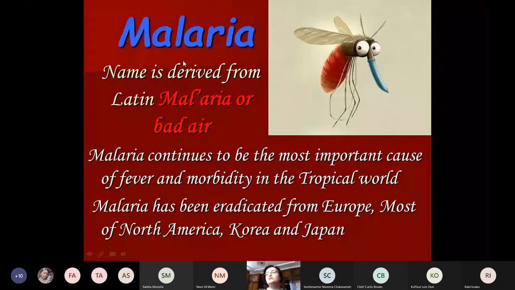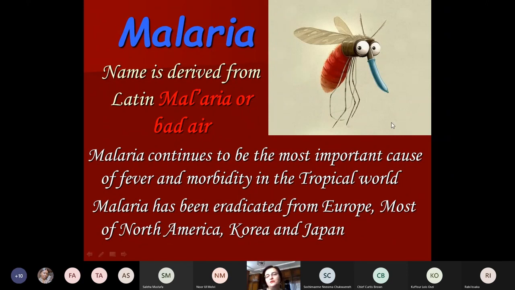And now we will start to discuss malaria more closely and very carefully, because malaria still is one of the most spreading diseases in tropical areas and the most devastating, most frequent, most serious, severe disease in tropical regions.